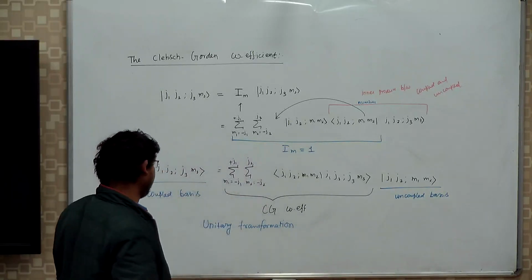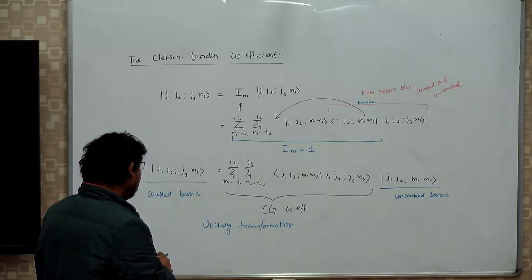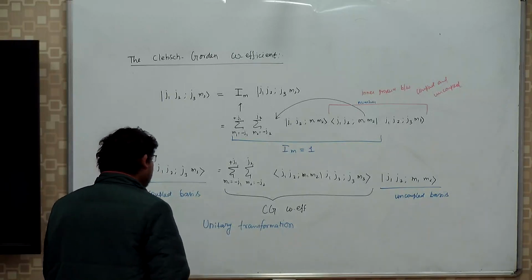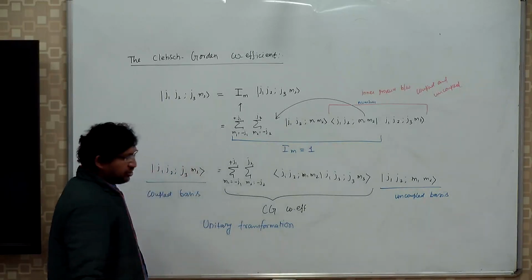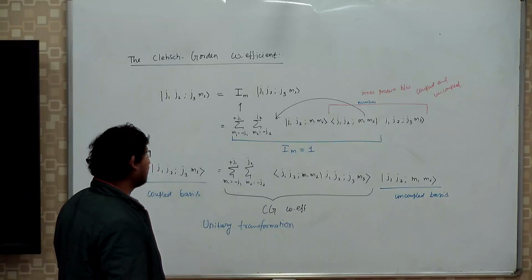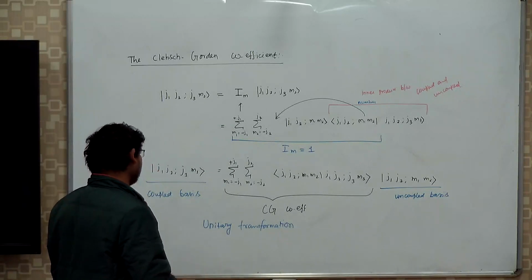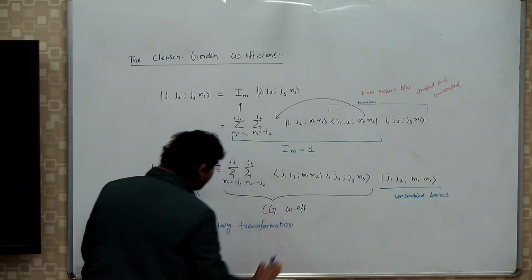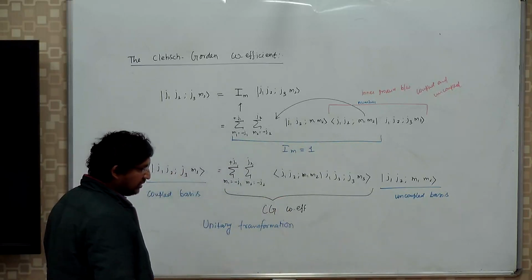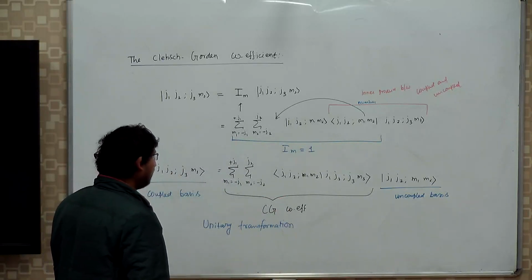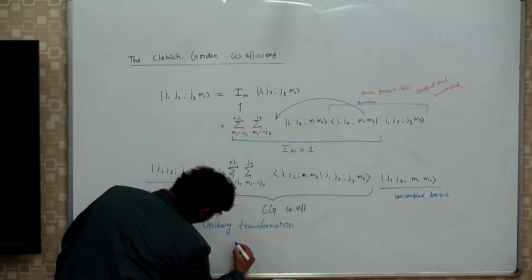The entries of this unitary transformation, the values in the matrix, are nothing but real numbers.